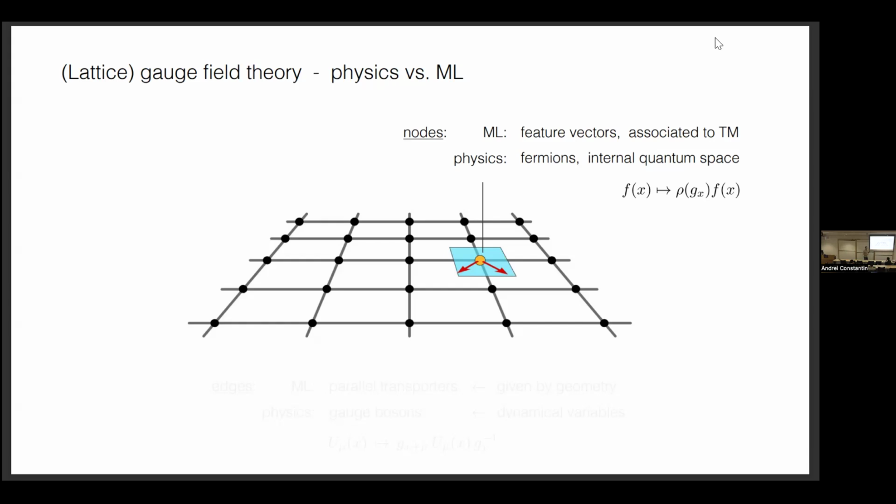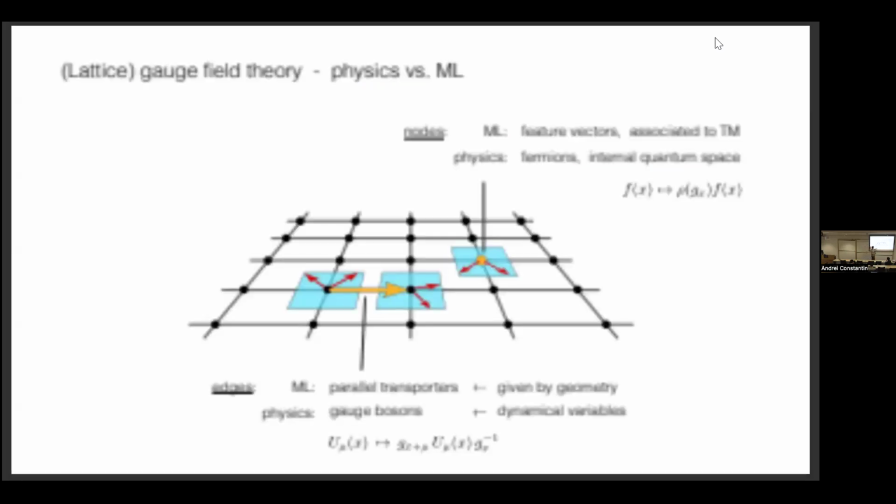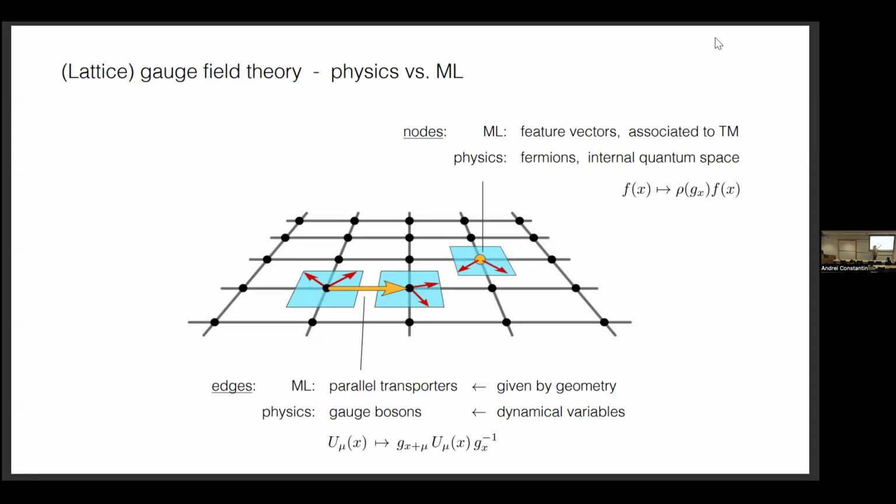The difference is already that our features are associated to the tangent bundle, so there's some spatial symmetry group action on them, while for fermions you have internal quantum space representations acting on them. That's one difference. The other difference is that edges correspond in our case to the connection or parallel transporters, something like the Levi-Civita connection or whatever you're using, while for lattice gauge theory, you have gauge bosons on your edges.